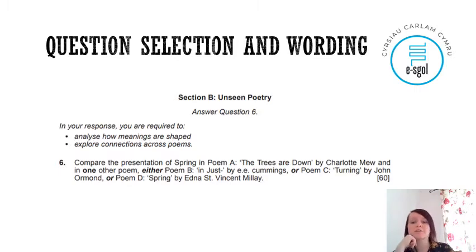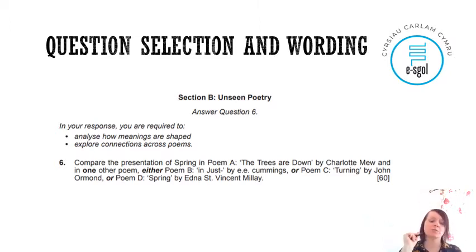The question selection and wording we've got here is an example from the 2019 WJEC paper, Section B, unseen poetry. In your response, you're required to analyse how meanings are shaped and explore connections across poems. If you look at the question: compare the presentation of spring in poem A, The Trees Are Down by Charlotte Mew, and one other poem.